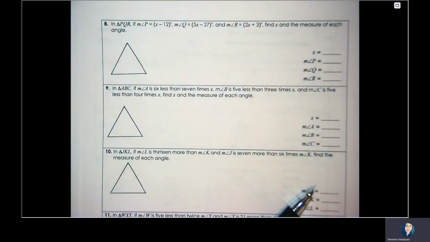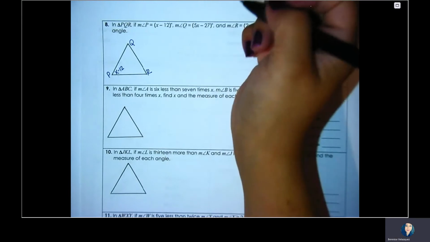So I'm going to read the question and then see what it's given to me and then go from there. So we have PQR, so pick P, Q, and R. We have that angle P is x minus 12. Angle Q is, I'm going to draw an arrow for this one, 5x minus 27.